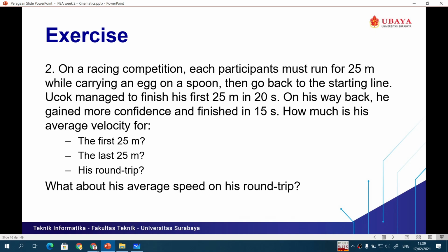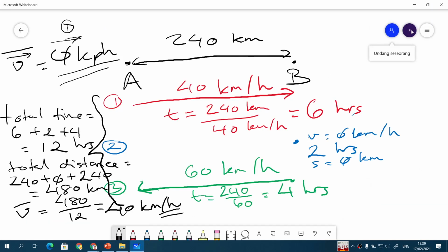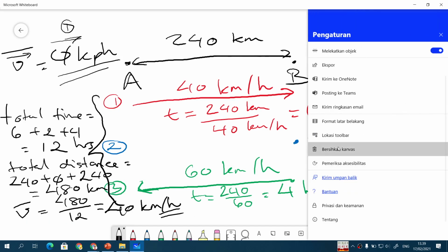But because this is a velocity, you need to append a negative to your 25. Let's assume that the positive value moves to the right. Let me draw it here. I have point A here and point B here, and let's assume that the positive direction is this way.